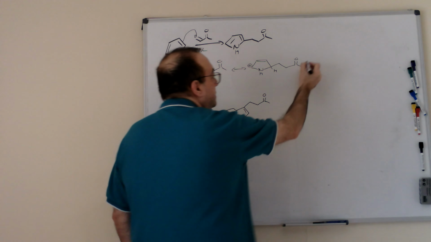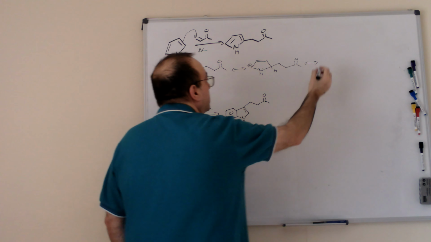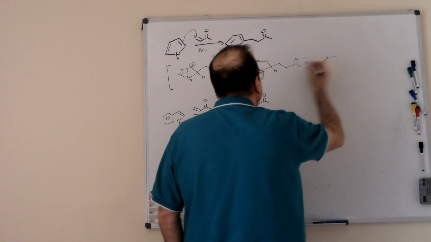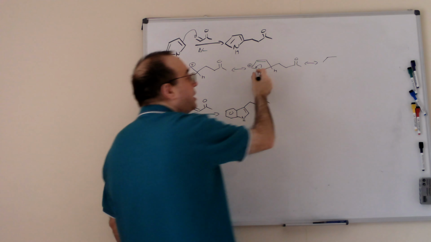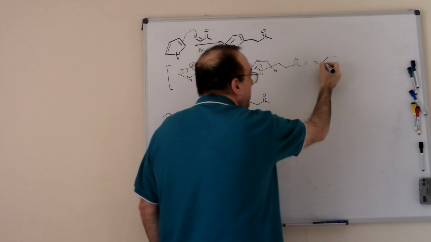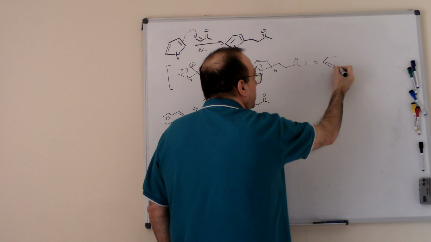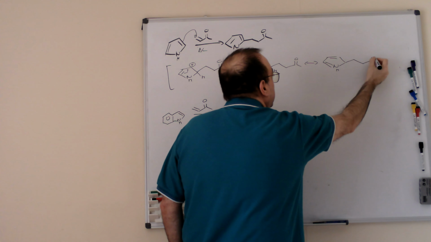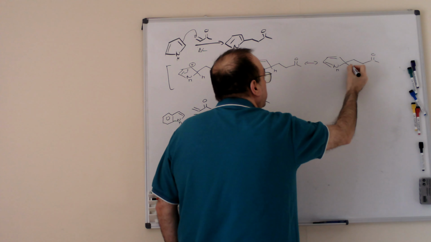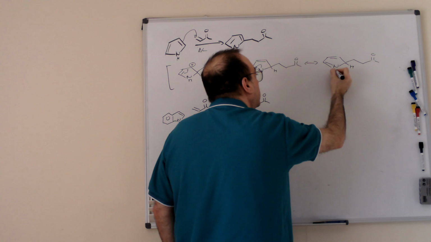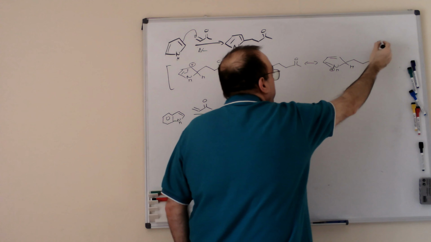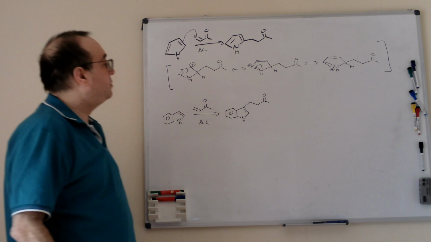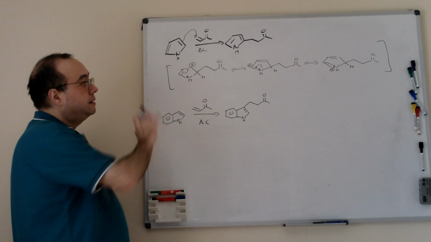Okay, and then the pair of electrons of the nitrogen can be delocalized there, and what we generate, okay, we have these three resonant forms if we attack C2.